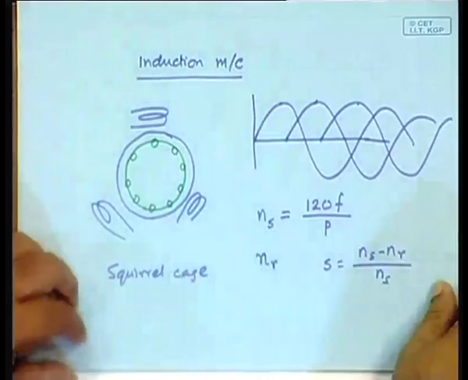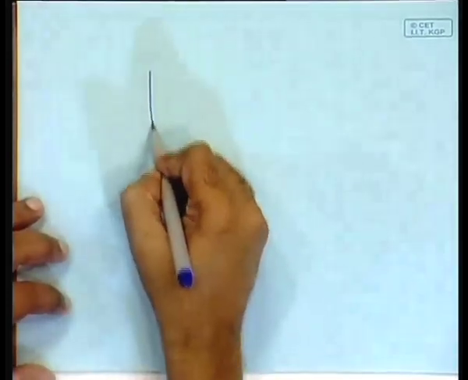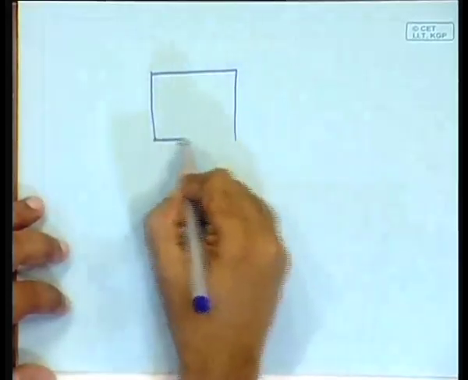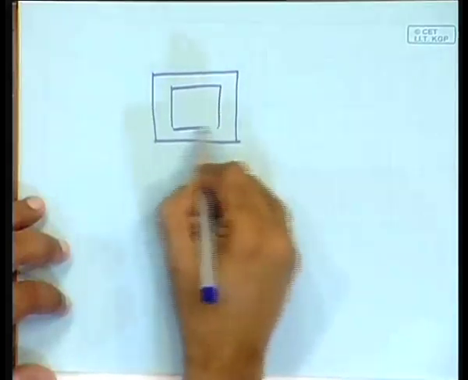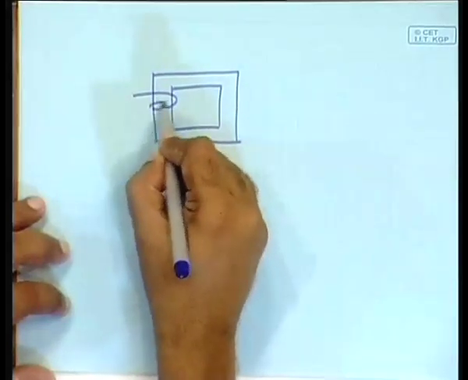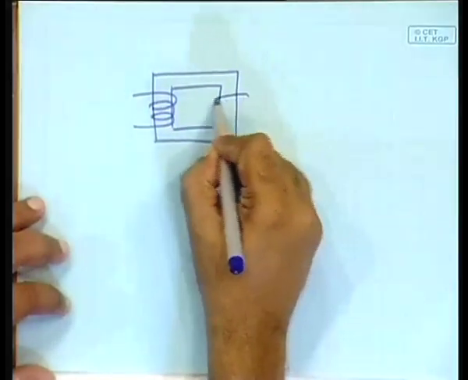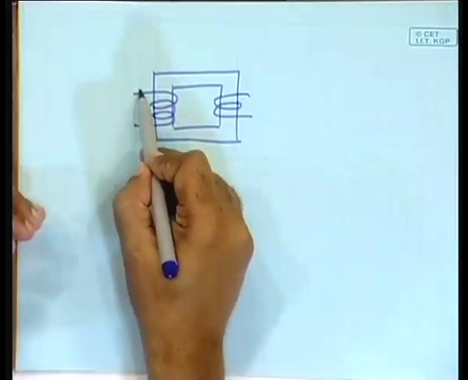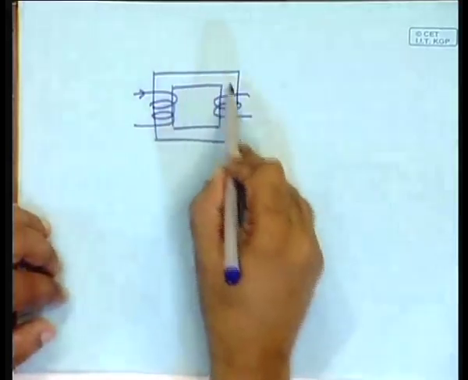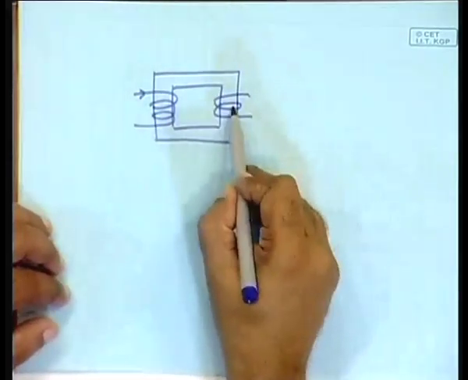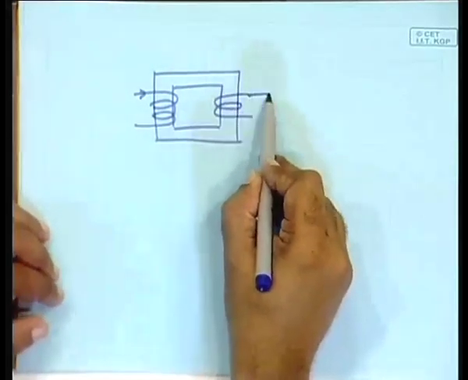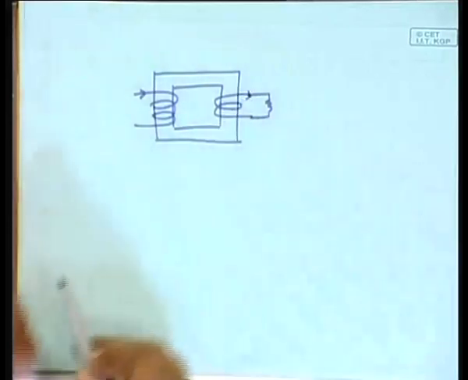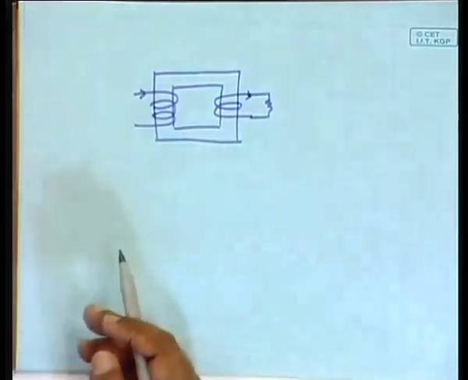In a transformer, here this fellow, because of its current, produces a magnetic field that induces a voltage here, and if you have some kind of a path here, it pushes a current, right.